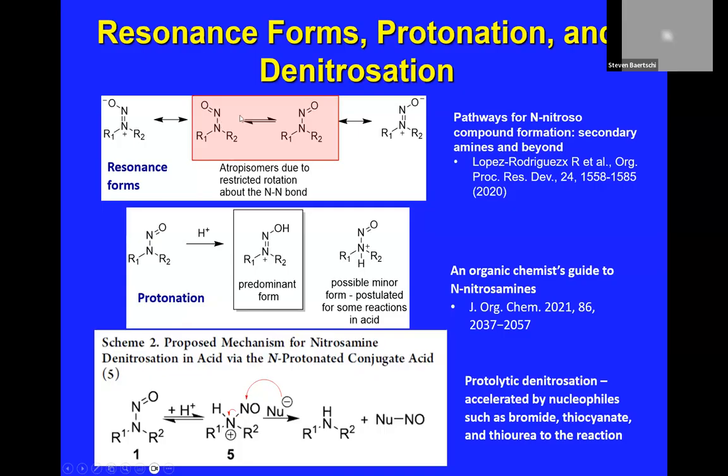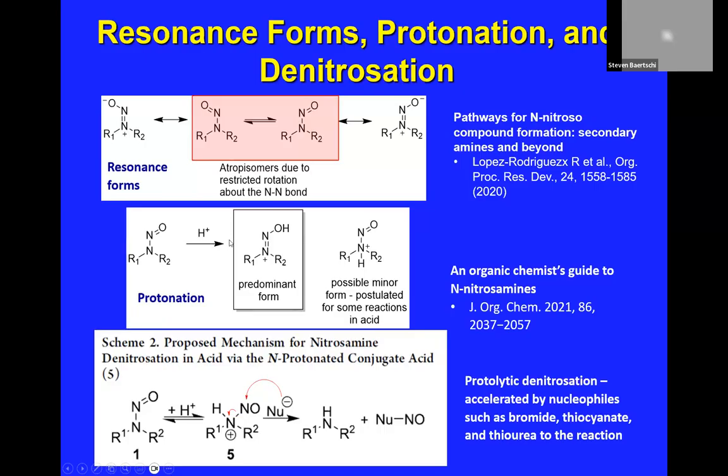These 2 atropisomers are resolvable, oftentimes, not all the time, chromatographically or by NMR, because this single bond between the 2 nitrogens really has double bond character because of the resonance forms, as you can see here, where there's double bond character and you have a positive charge on the nitrogen and a negative charge on the oxygen. So what that means is that sometimes you can resolve 2 atropisomers due to restricted rotation around that single bond between the nitrogens.